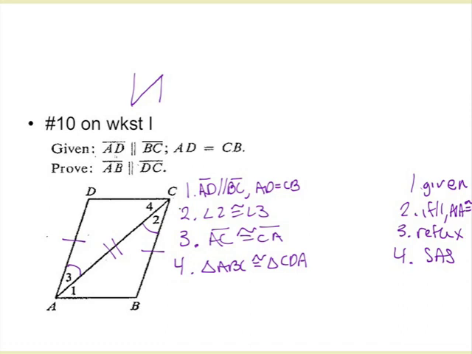Alternate interior angles can guarantee us we have parallels. So if I can say that I have alternate interior angles that are congruent, then I can say that they must be making parallel lines. So what I want to do then is say angle 1 and angle 4 are congruent, not because they're AIAs, but because they're matching parts in the triangles.